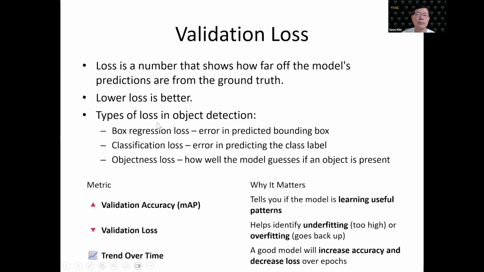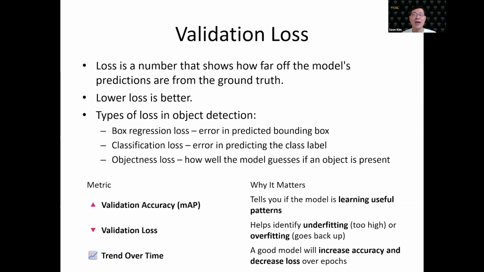We can consider multiple different types of loss in object detection. Box regression loss means the two bounding boxes are not matching very well. That is the difference between prediction and ground truth. The classification loss means we predict something, but that is not correct. For example, the model says this is a cat, but actually that is a dog.